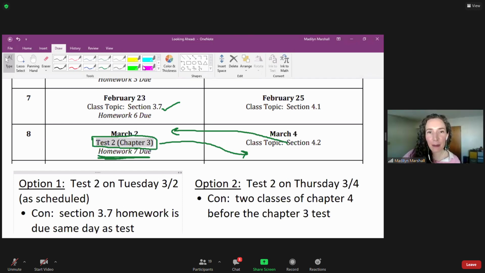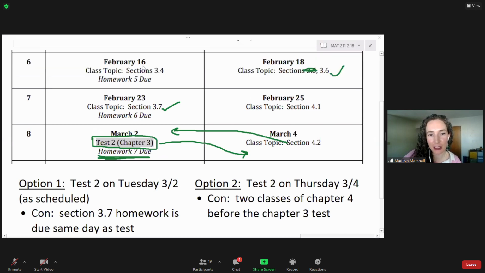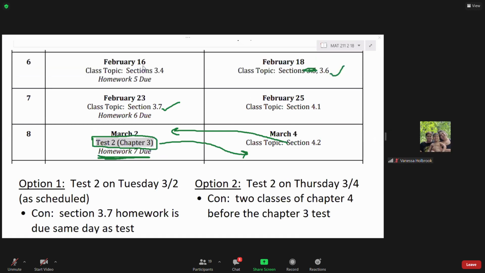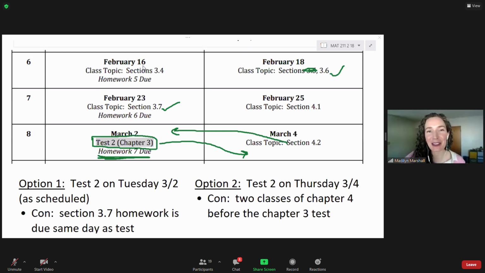So I have a poll to take votes on these two options. Option 1 is to have the test on Tuesday the 2nd. Option 2 is to have the test on Thursday the 4th. And the other option is no preference.